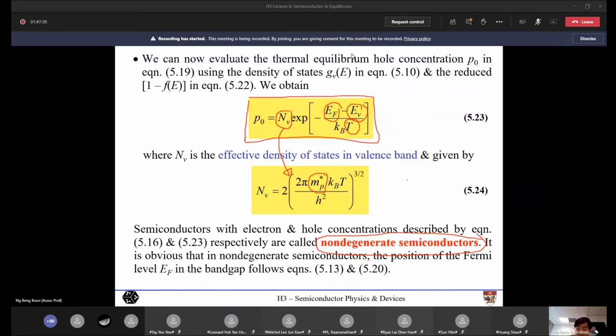So for this non-degenerate semiconductor, we can use these equations to solve for N0 and P0.